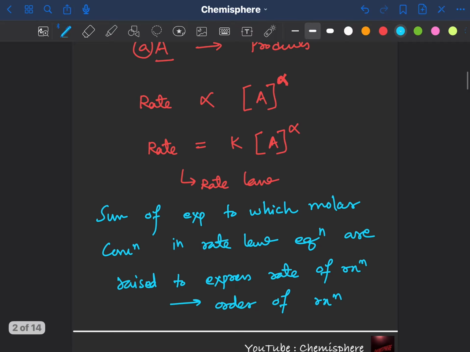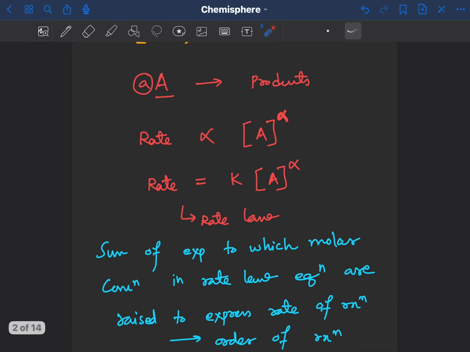For example, in this case we have just one reactant, so the order depends upon the value of alpha. If alpha is equal to 0, then it will be a zero order reaction.